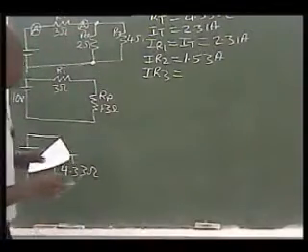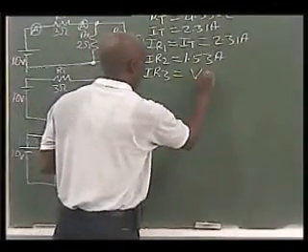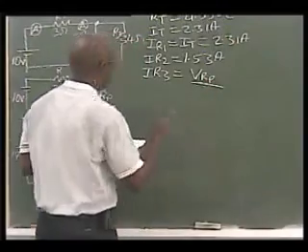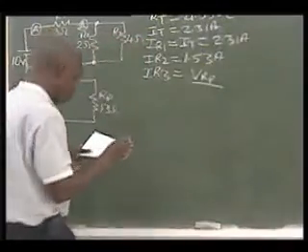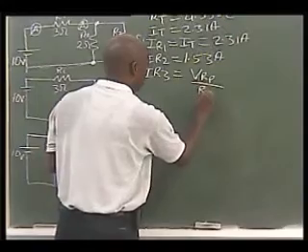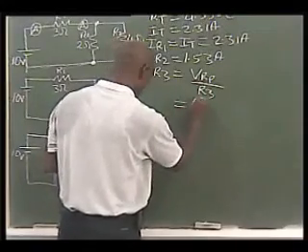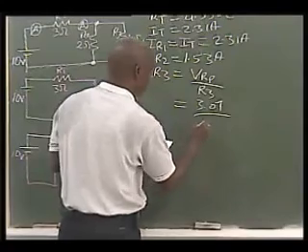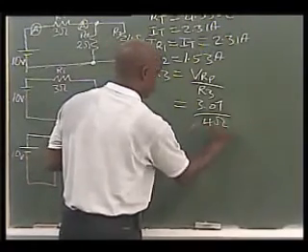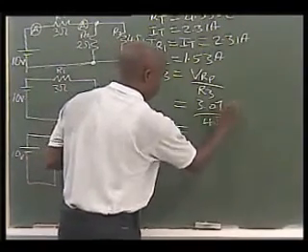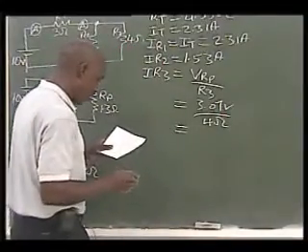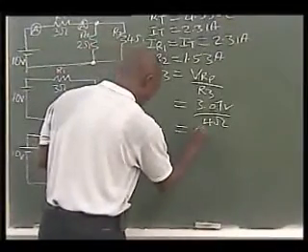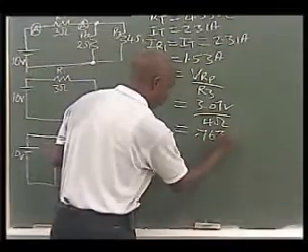Now, IR3, same thing again, VRP over R3. That's going to be equal to 3.07 volts all over 4 ohms. If we put that in our calculators, we get a total of 0.767 amps.